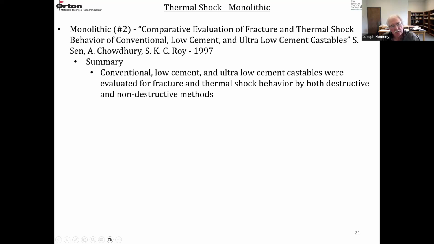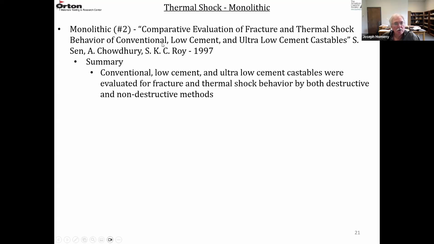So the next paper, a comparative evaluation of fracture and thermal shock behavior of conventional, low cement, and ultra low cement castables. So a conventional castable is the oldest type of composition. It has fairly high cement content.